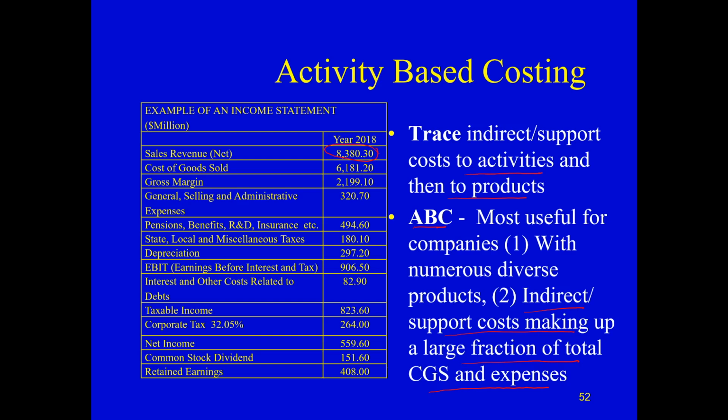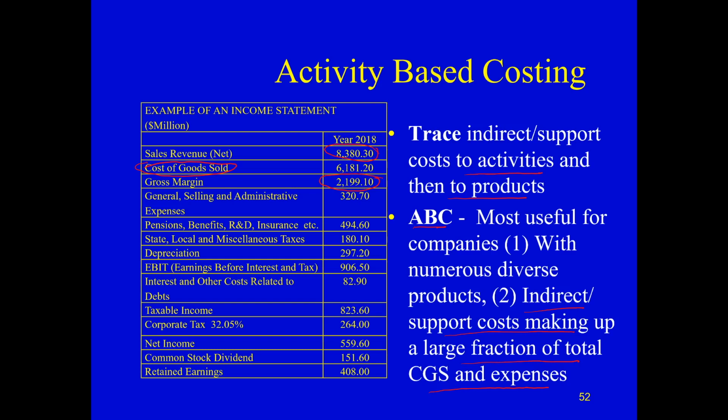The second item shown is cost of goods sold, which is a major expenditure, about 6,000 shown over here. Revenue minus cost of goods sold is the gross margin.